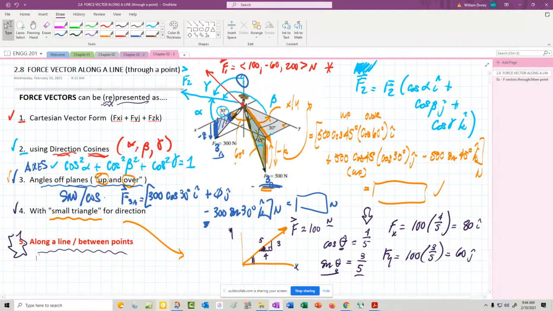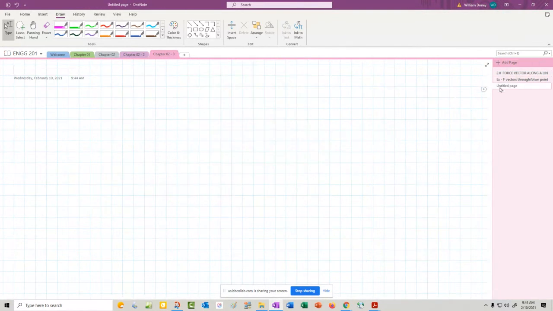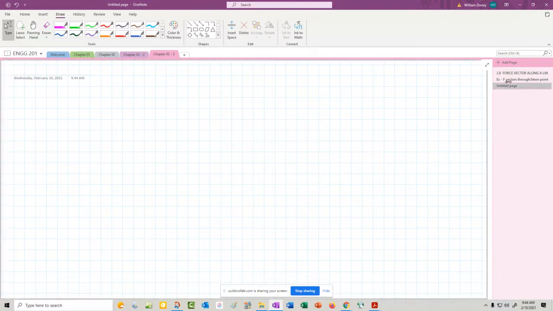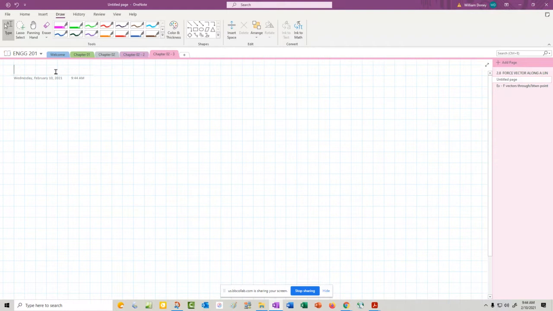Okay, and I'm going to jump in here and put another page. And that's going to be continued because we really didn't do anything on the last. There. All right, so let me draw an example of what's going on here.